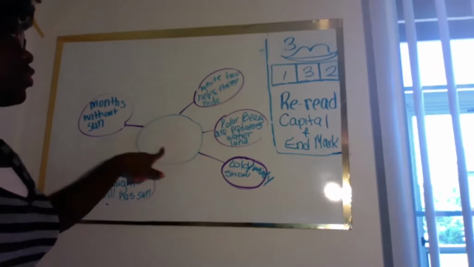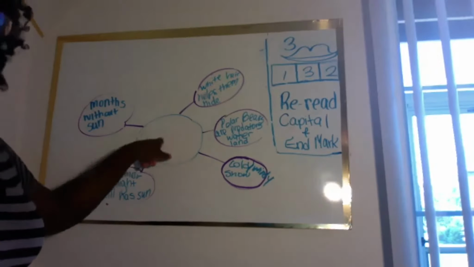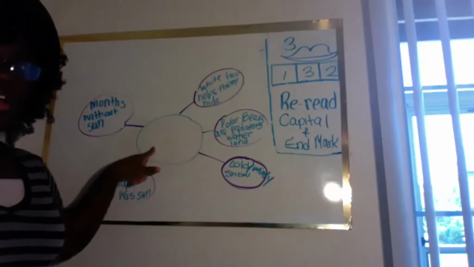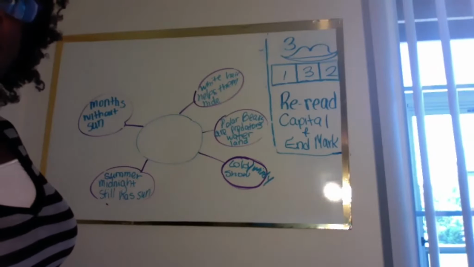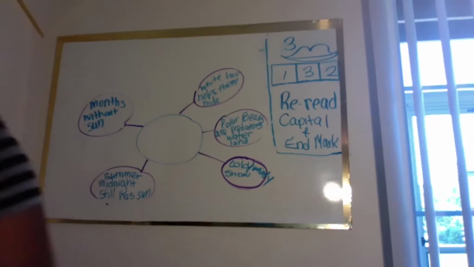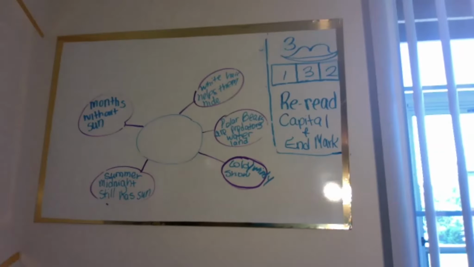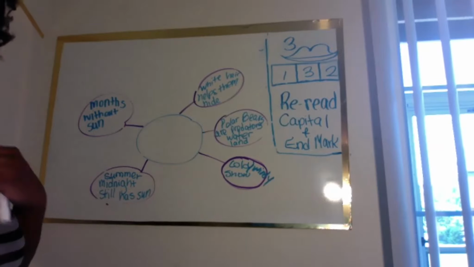So then the question is, what is the main topic? What were all of these details about? What were we talking about? Go ahead, Josiane. The main topic is that it kept them warm.